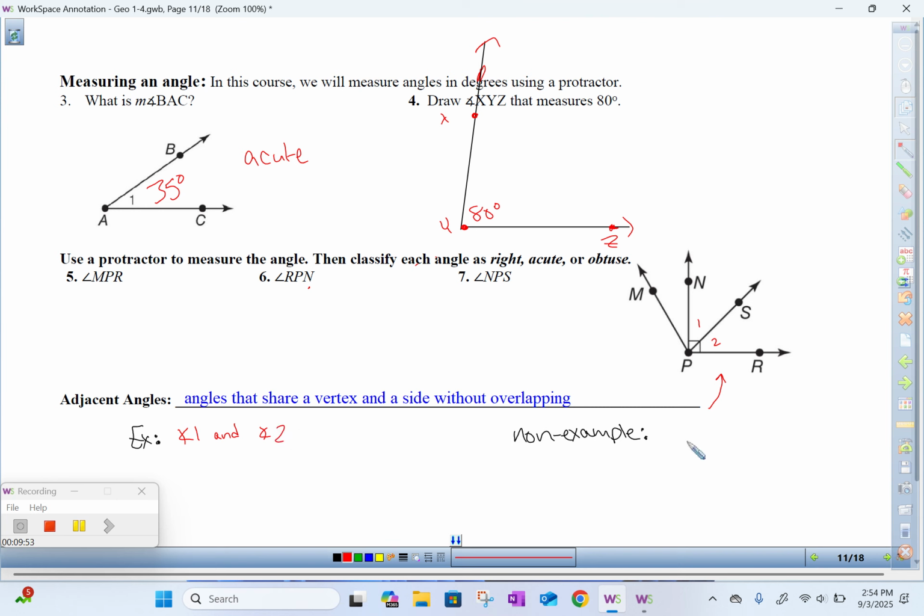Okay, but a non-example would be maybe this SPR, the angle 2, with a larger angle. So if one angle is inside of the other one. So I'm going to write out angle 2, and this one we're going to name with 3 letters, angle NPR, where one is inside of each other.